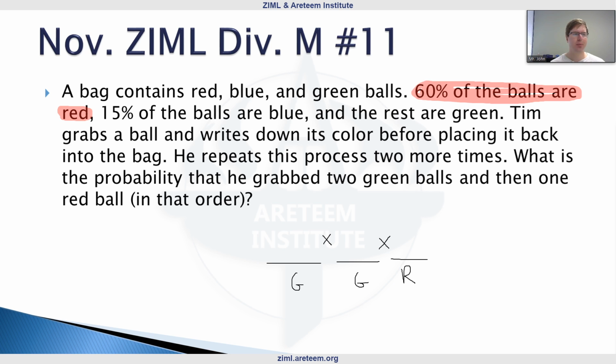So if 60% of them are red, the probability that you get a red ball is 60%, or you could write that as 6 over 10, or this is 3 over 5. And you'll see why I'm writing it in a little bit of a weird way in a second. We can do the same thing here for blue.